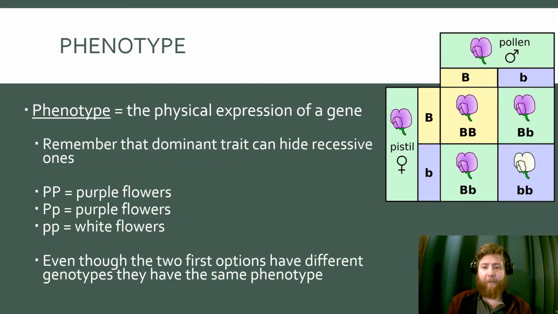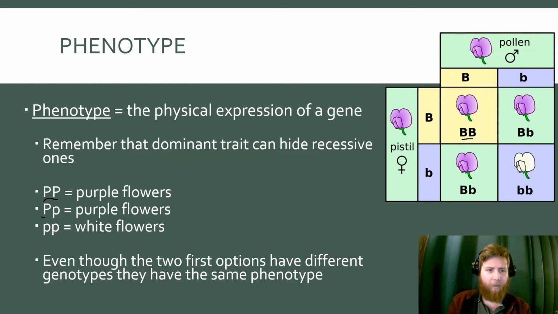All right, so phenotype is the physical expression of the gene, what you see as you look at this organism, or as you look at this plant, or as you look at a protein, or whatever it is that this gene is coding for. So it's important to remember that dominant traits hide recessive ones. In this example, big P equals purple flowers, and little p is white.